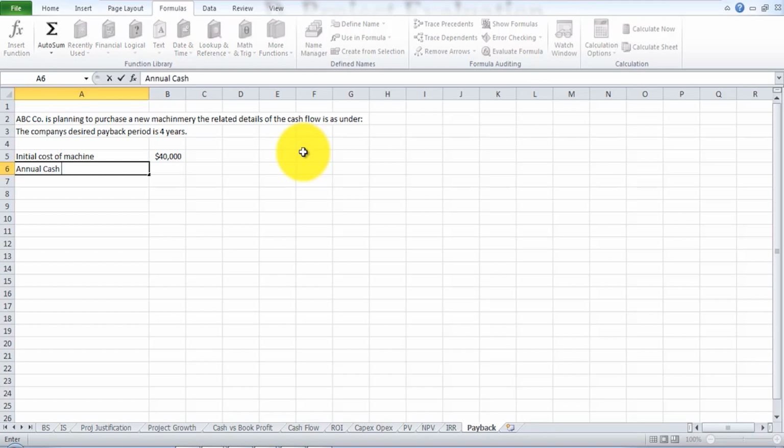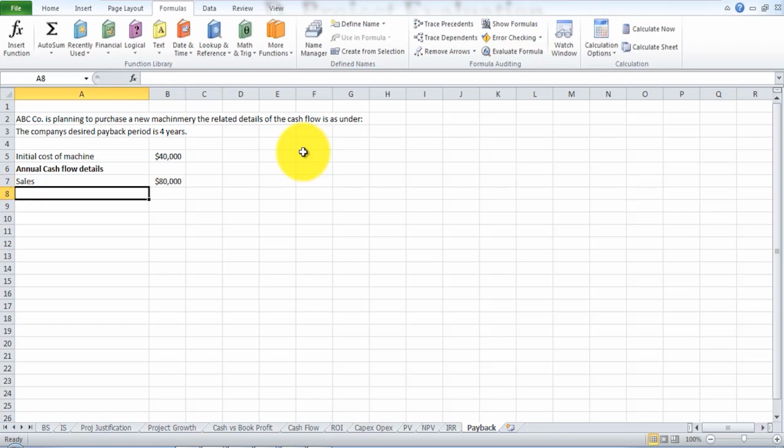Annual cash flow details. Sales will be 80,000 supposingly, and cost of materials say around 10,000 of outflow. Salaries another $20,000.